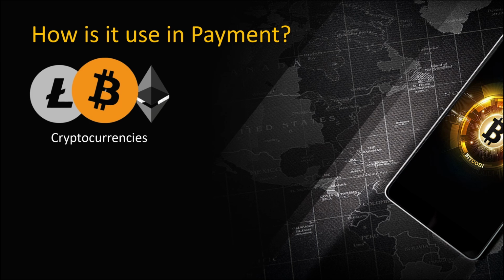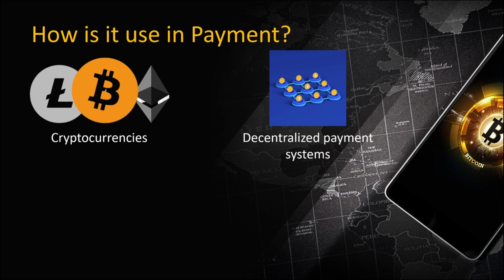Another thing is, blockchain-based payment systems such as Ripple and Stellar can be used to facilitate faster and cheaper cross-border transactions by removing the need for intermediaries. These systems use a network of nodes to validate and record transactions on a decentralized ledger.